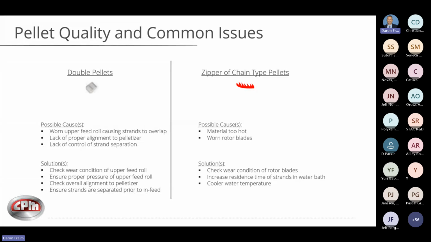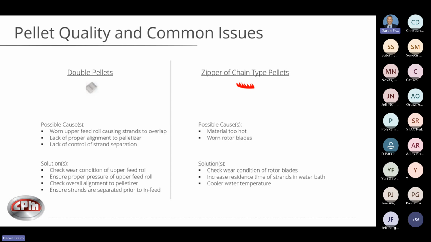It doesn't roll, but it essentially looks like a cylindrical piece that's slotted. So again, check that you're getting good control of strand separation. As mentioned before, ensure proper pressure on the upper feed roll, check the overall alignment again, and make sure your strands are properly separated prior to infeed.